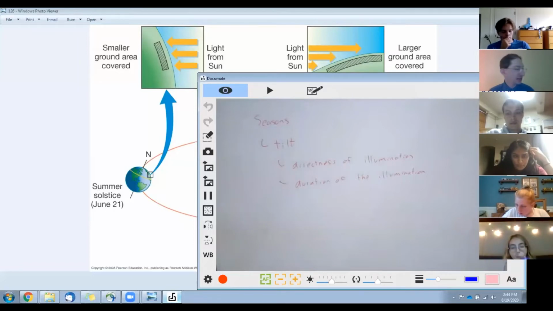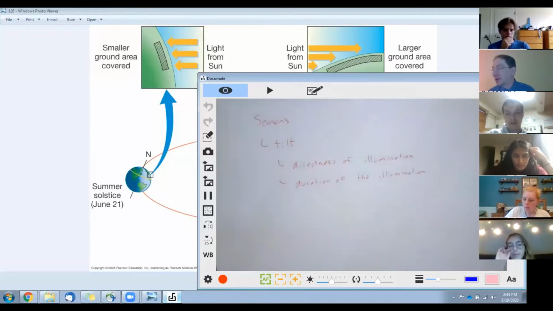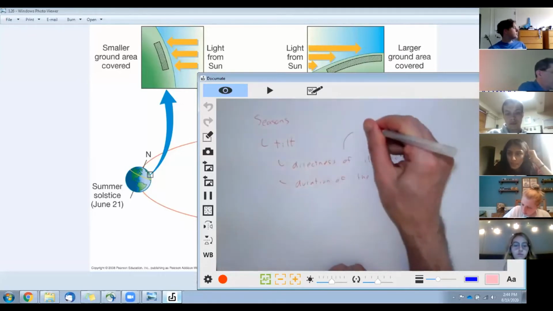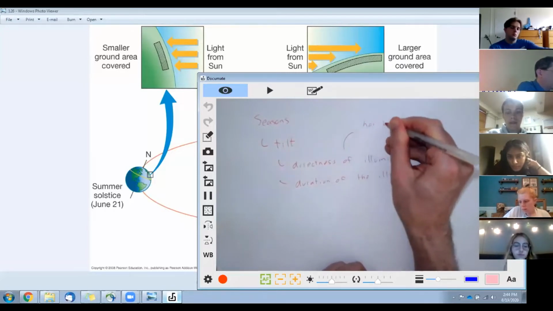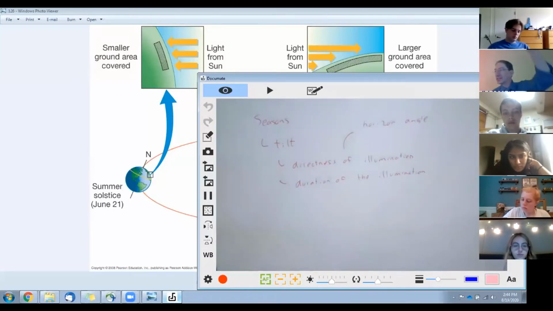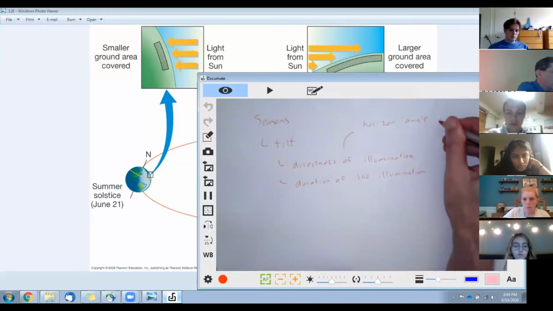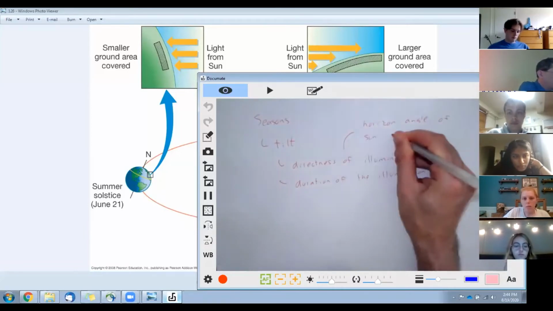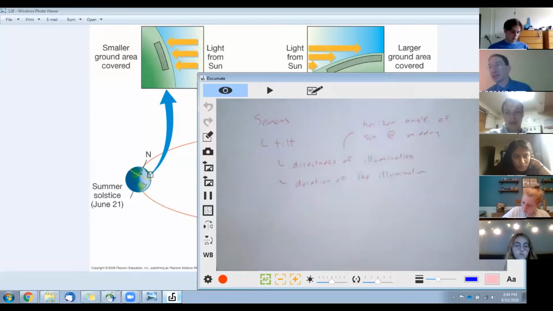Now, directness of illumination depends on something we call the horizon angle. Let's write what each of these depend on or what they're related to. So the horizon angle is just the angle that something is above the horizon. Here we're talking about the horizon angle of the sun. This is at midday. The horizon angle of the sun changes all day.